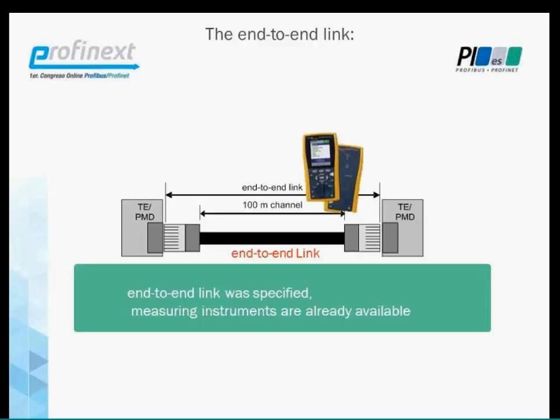And we have specified the end-to-end link, but it is not only necessary to specify, it is also necessary to have the right measuring instruments and to measure them, because in the past we have seen in an experiment that if you measure a wrongly terminated cable with the traditional instruments for the IT equipment, they will not show that there is a mistake, for example, in termination of the cable.